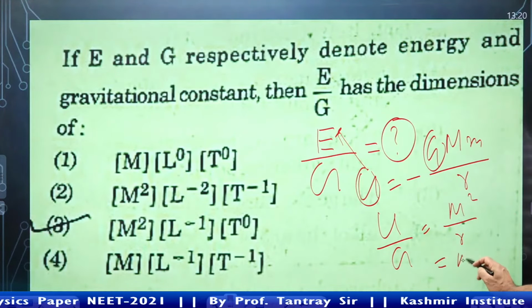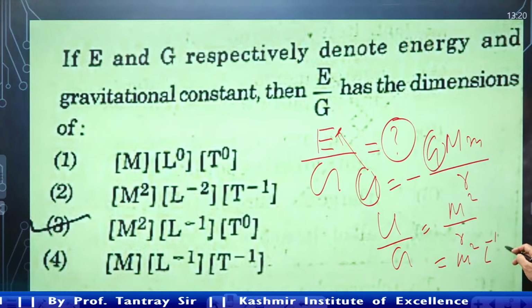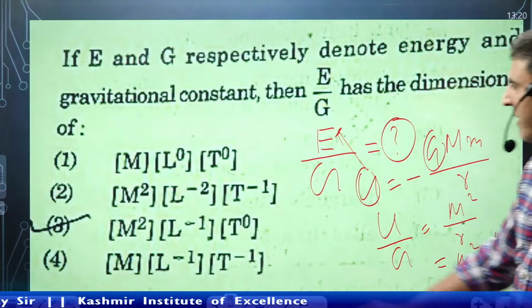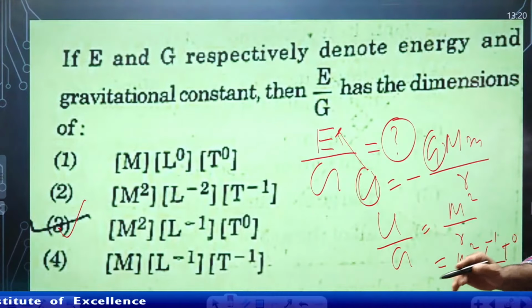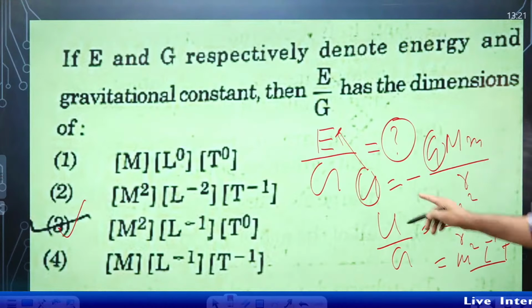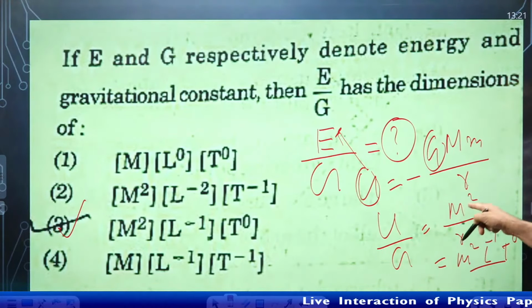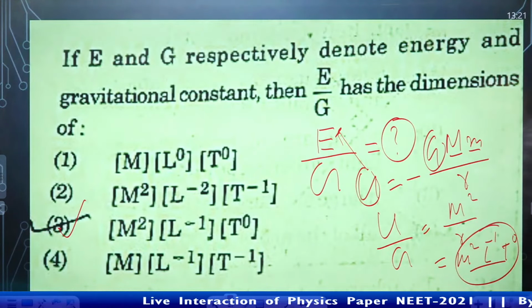That is M to L, because r is length, to the power minus 1, T to the power 0. That should be the answer. Correctly done by the student. So this is the shortest way of doing things. You just remember one of the formulas of gravitation: U is equal to minus G m small m by r. U by G, energy by gravitational constant, is m square by r, because it is m into m, and you will find the answer.